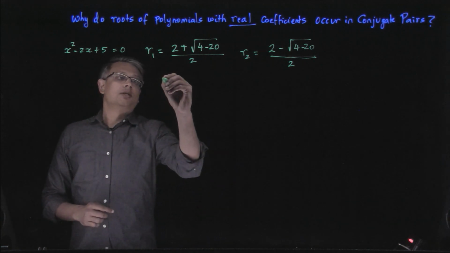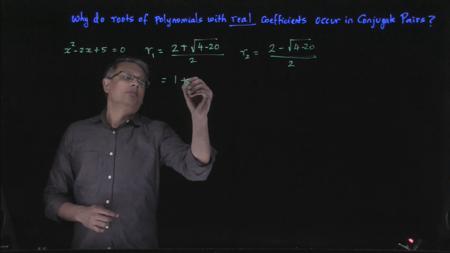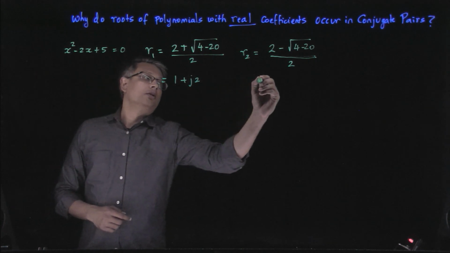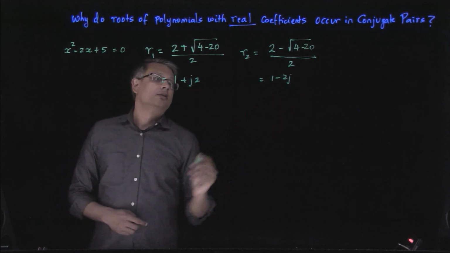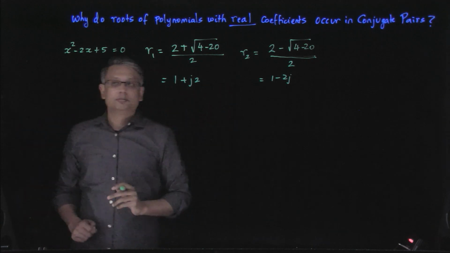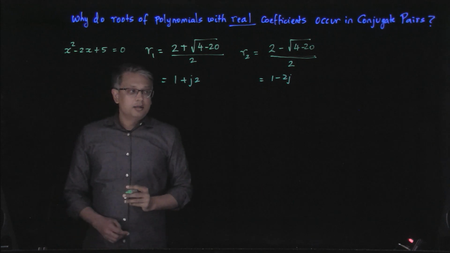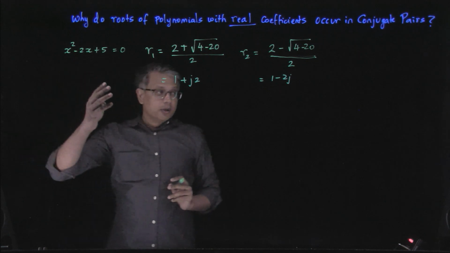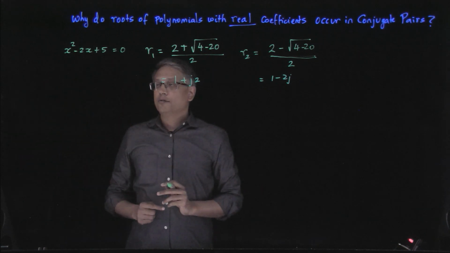So clearly this is 1 plus j2 and this is 1 minus 2j. So they are complex conjugates of each other, right?